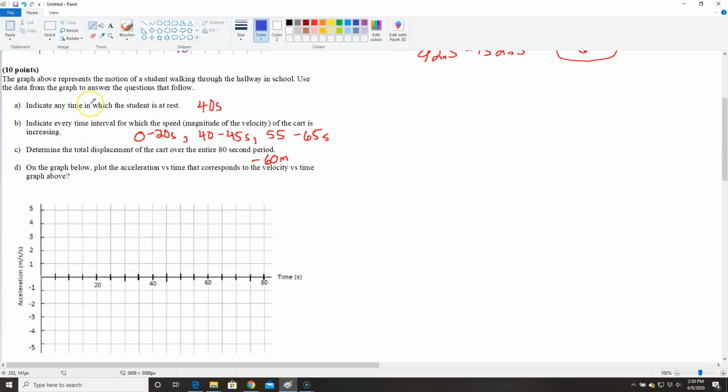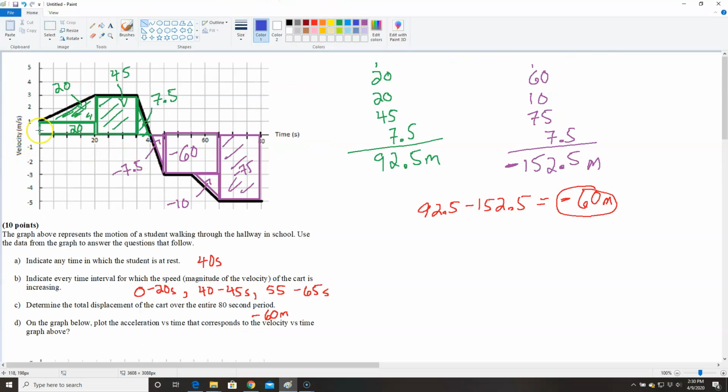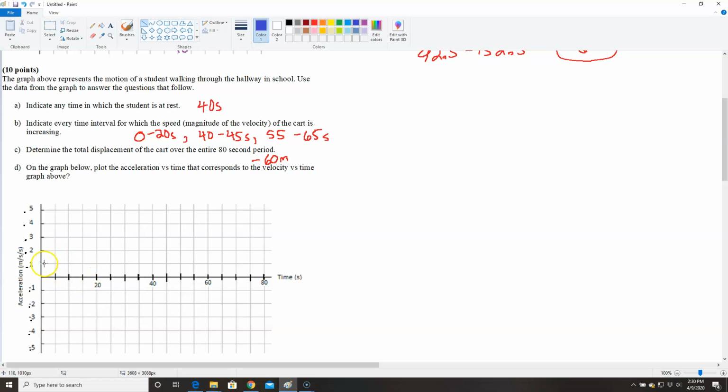So 2 over 20 would be 0.1. Let's go ahead and rescale this axis to be 0.1, 0.2, 0.3, 0.4, 0.5. Negative 0.1, negative 0.2, negative 0.3, negative 0.4, and negative 0.5. So again, the first 20 seconds, rise of 2, run of 20, 2 over 20 is 0.1.